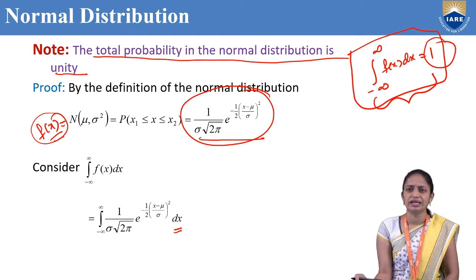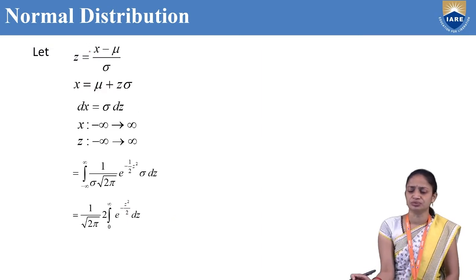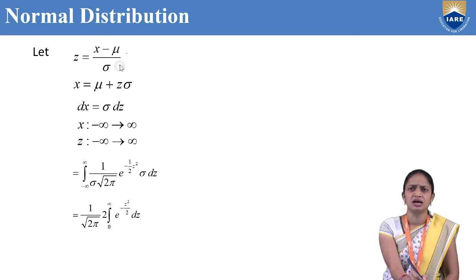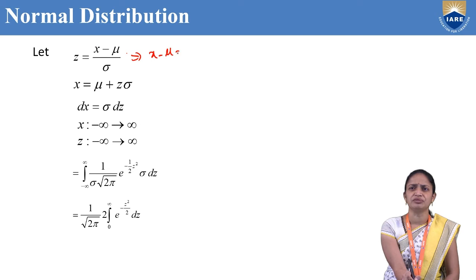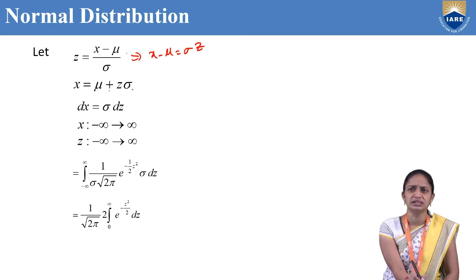Now let us consider z equal to x minus mu by sigma. From this, x minus mu equal to sigma z, so x equal to mu plus sigma z.